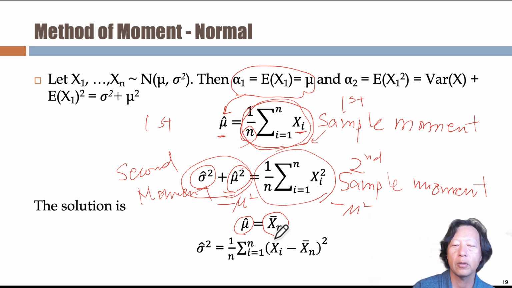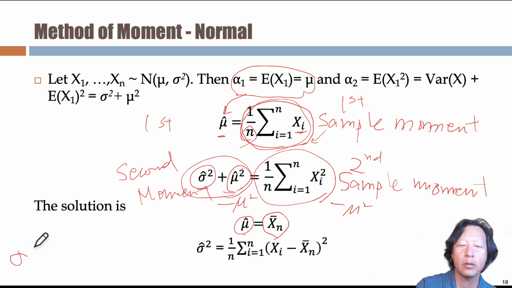So you can just move it that way. Originally sigma squared will be 1 over n sum of x i minus mu, which is x bar.